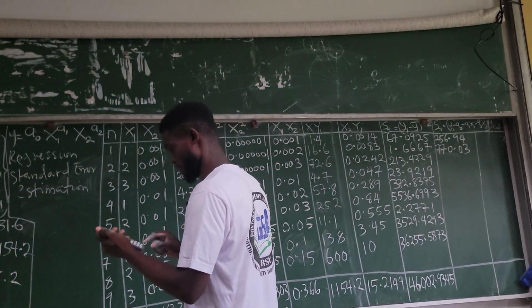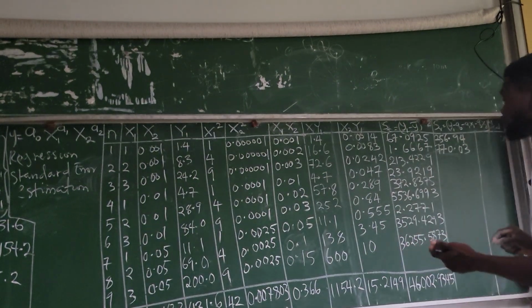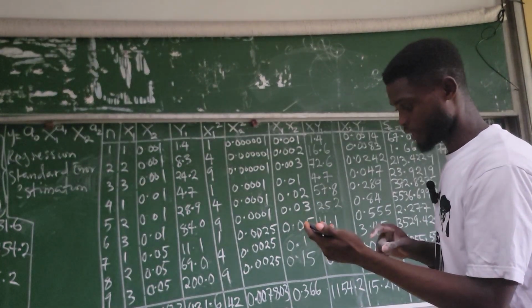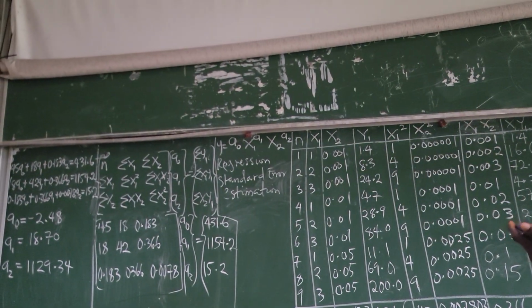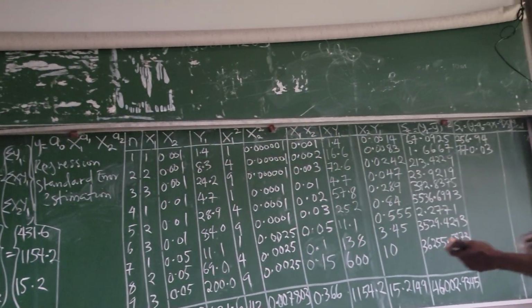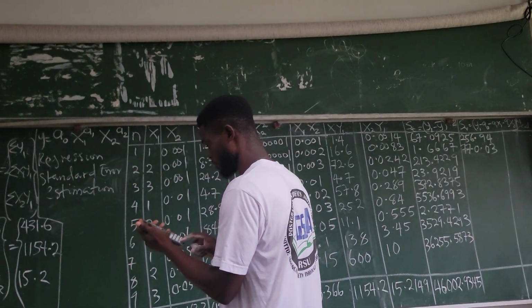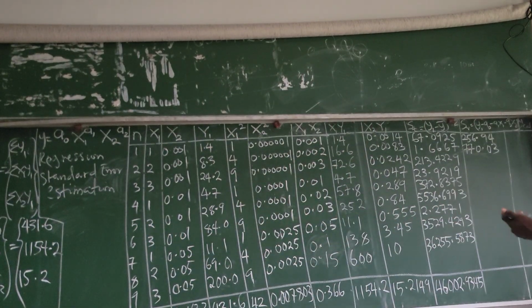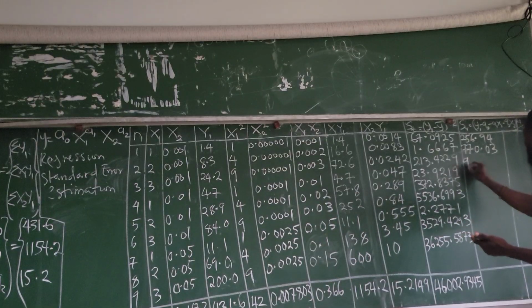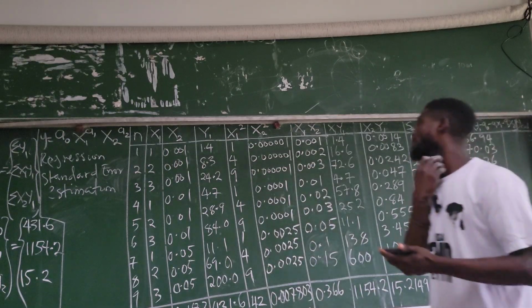That is 3 times 3 minus our A2 is 1129.34 times, for that column, x2 for that column is also the same thing, 0.001 is equal to, then you square it, we have 933.26.